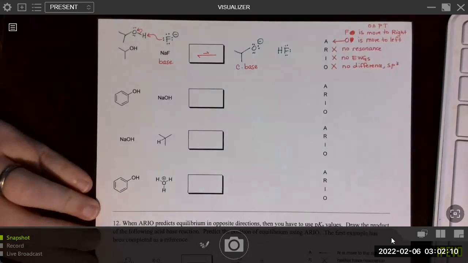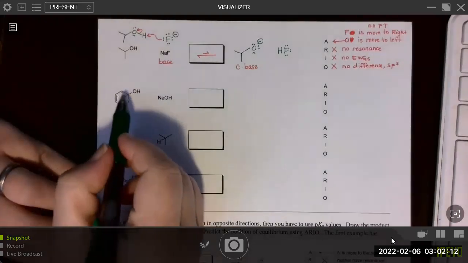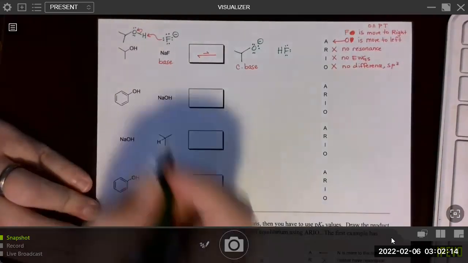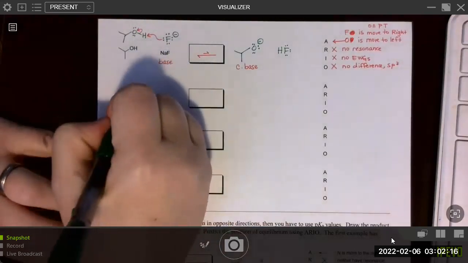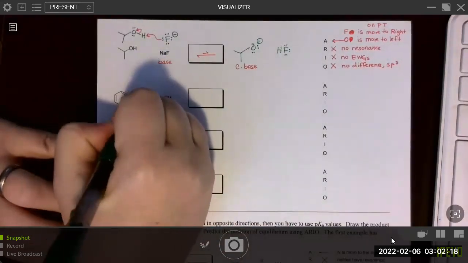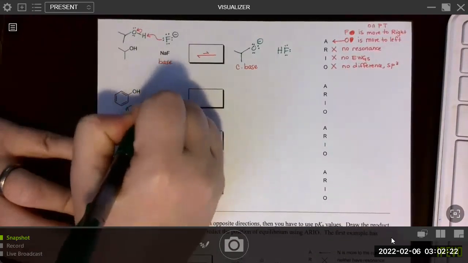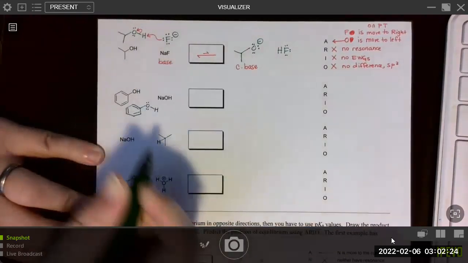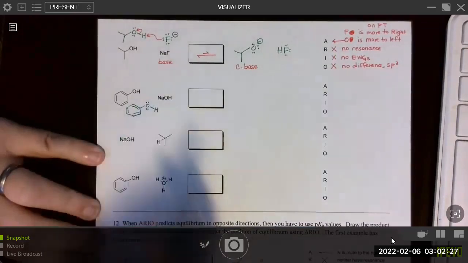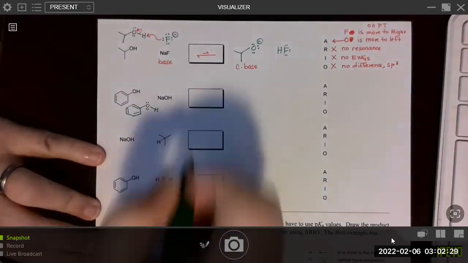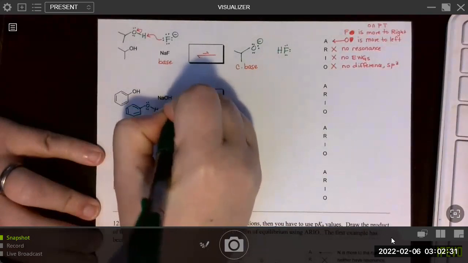We have a phenol, that's what this is called. I am going to just redraw this just so that I can draw in the curved arrows. I just need that bond actually drawn out to be able to properly draw in the arrows. And then this is just hydroxide.